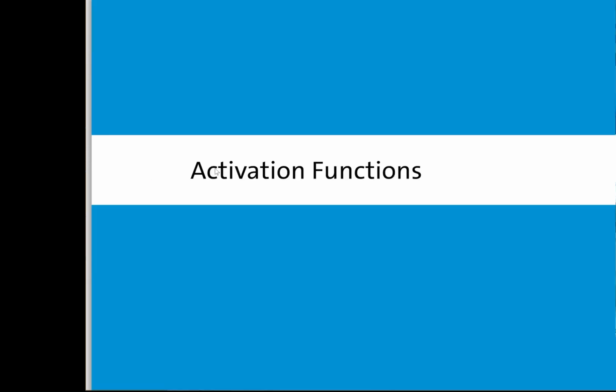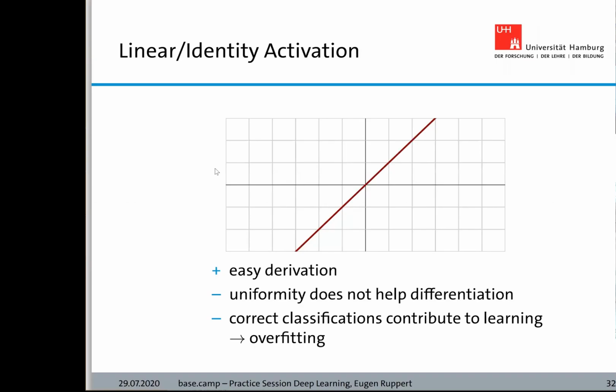Okay, as I talked about before, the neurons have some activation functions that are being processed. If you don't use any activation function, then you basically have this linear or identity activation. What you see here, I can maybe quickly explain. On the right side, in this positive value, this is the space where we are making an error on this neuron.